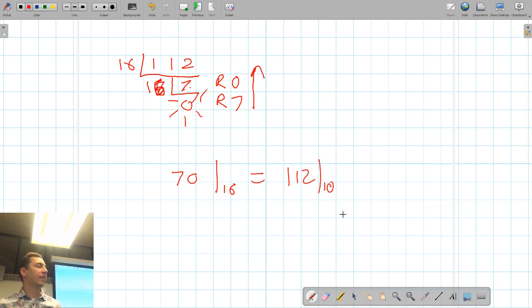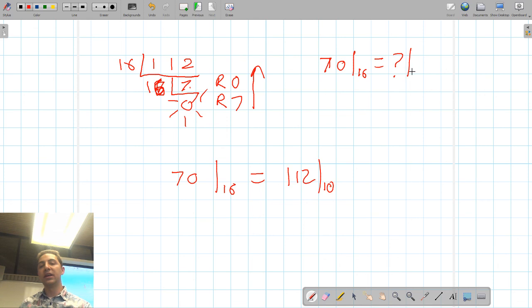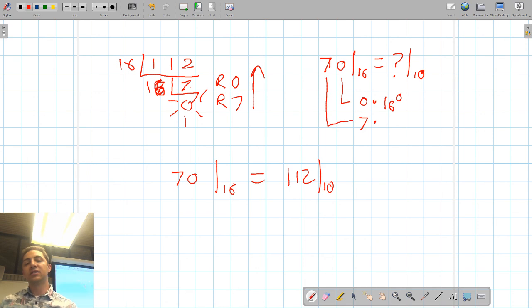And we can now check that too, can't we? We can do the same thing. We can take 70 base 16 and figure out, is it really 112 in base 10? And to do that, we're going to use that same process. 0 times 16 to the 0, 7 times 16 to the 1.